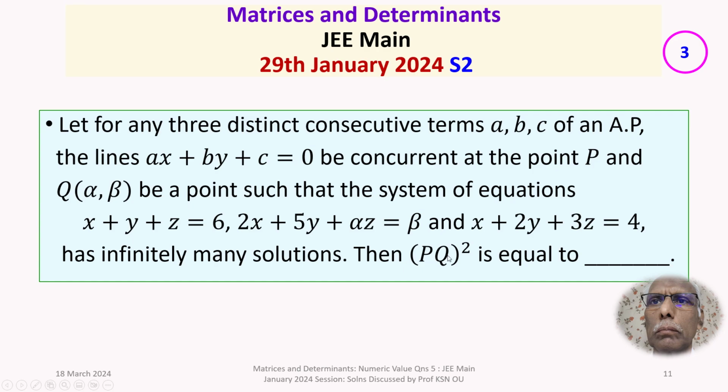Then PQ square, the distance between P and Q and its square, is equal to.